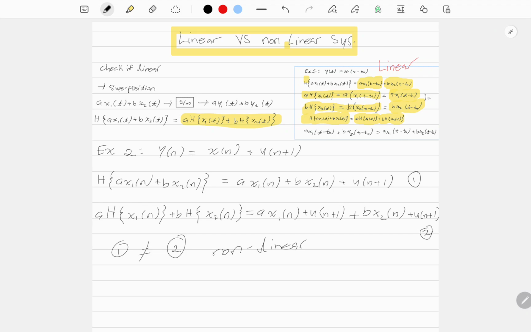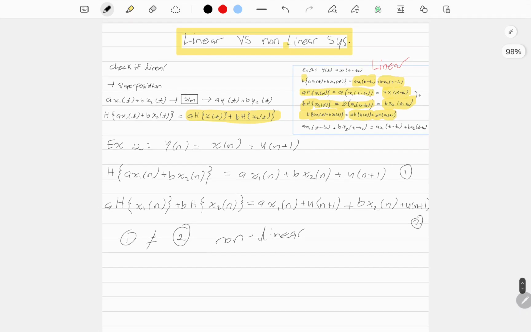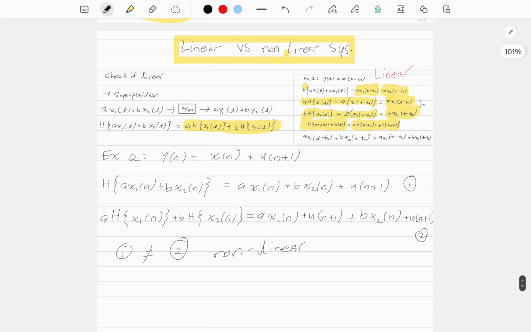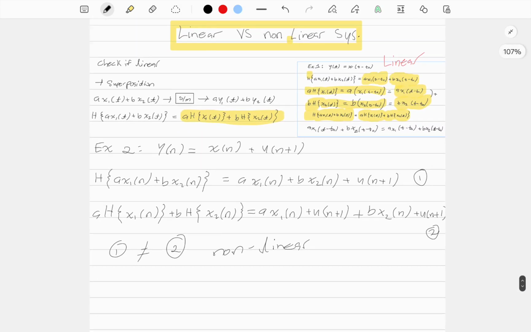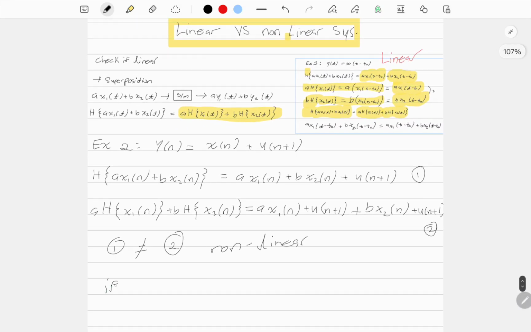And also a quick tip, if your system is just scaling, then you can automatically assume it's linear.